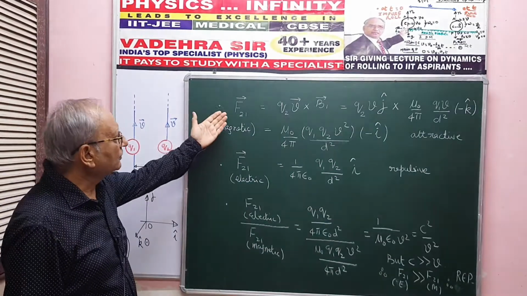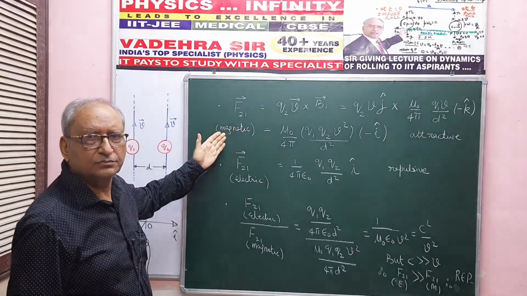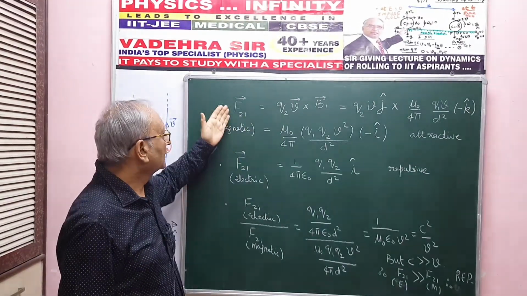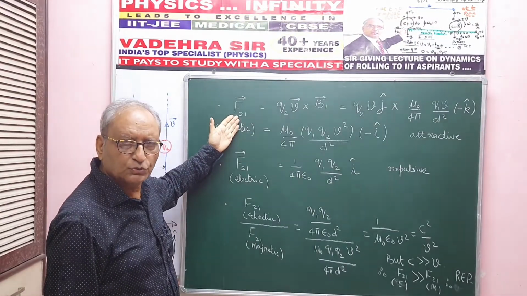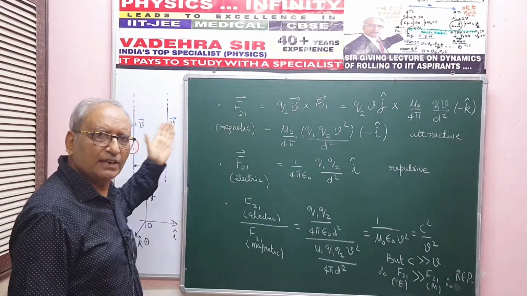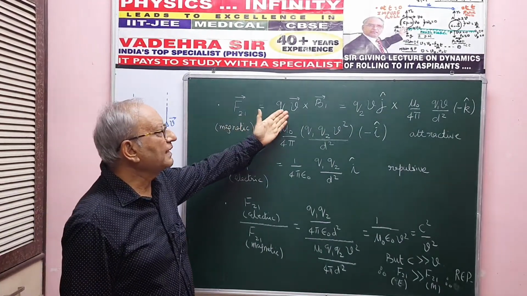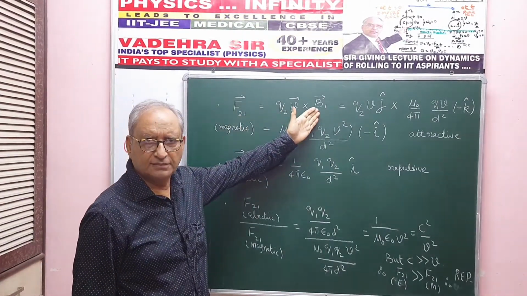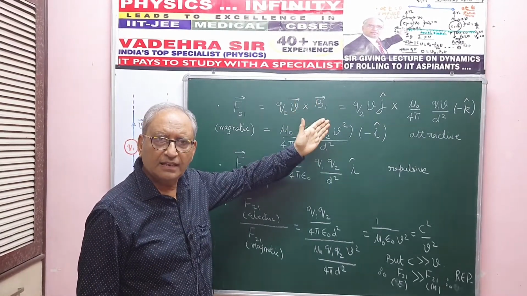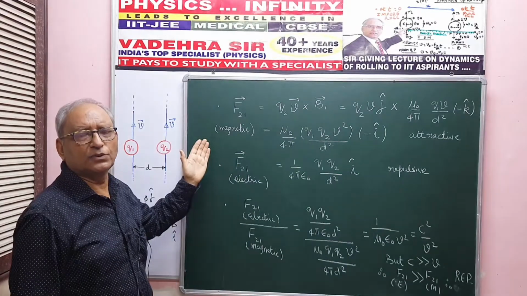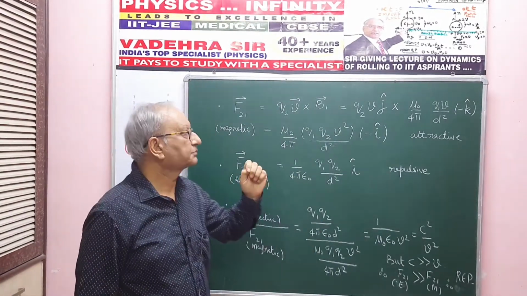The magnetic force F21 arrow is the force on q2 v arrow due to the field of q1 v arrow. So it is q2 v arrow cross B1, where B1 arrow is the field at the site of q2 v arrow due to q1 v arrow.